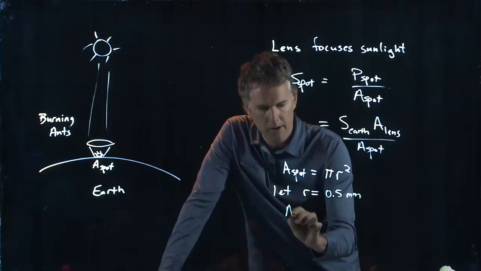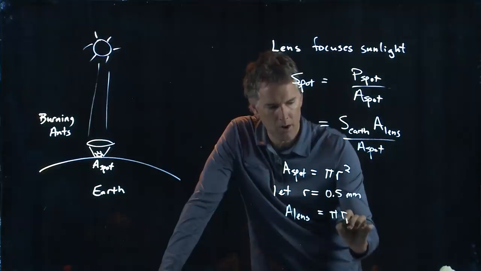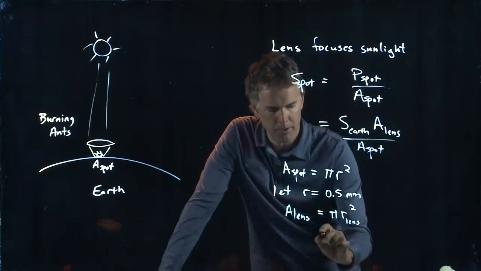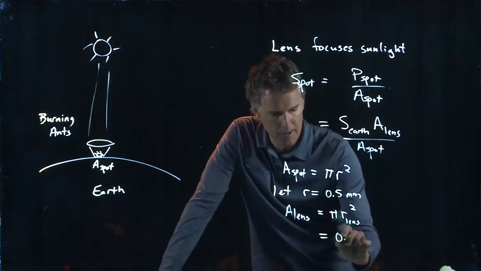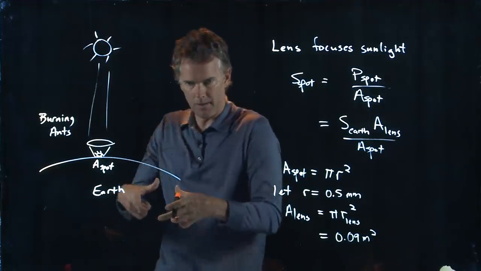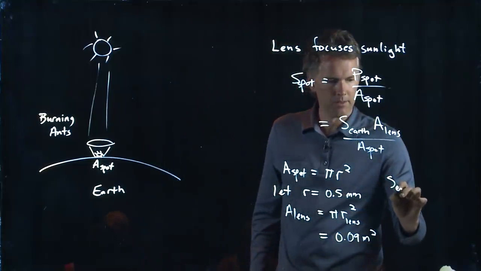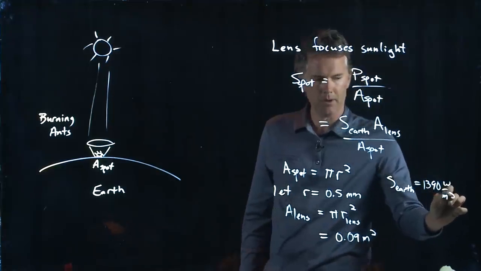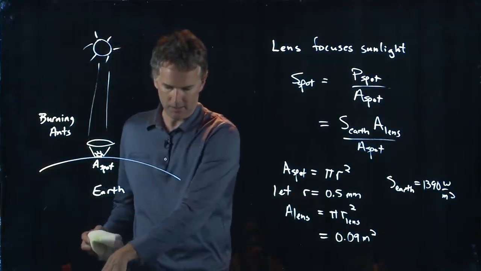And then we need to know the area of the lens, and that's the pi r of the lens squared. And that can be pretty big. And let's say that the area ends up about 0.09 square meters. Okay, so it's a lens maybe that big. We already know S at the Earth. That was our 1390 watts per square meter. And so now we can put all this stuff together and calculate the intensity at that spot.